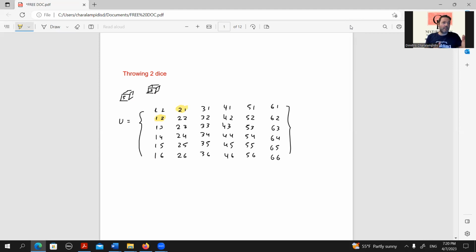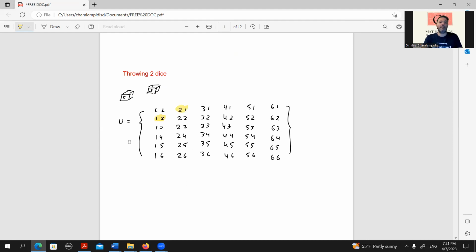In one case, getting the face of 1 on the red and the face of 2 on the blue, and in the other case, getting the opposite, so the face of 2 on the red and the face of 1 on the blue, you clearly understand that we talk about 2 different cases. So yes, 1, 2 and 2, 1 are 2 different options, and overall we expect to have 36 different pairs of outcomes.